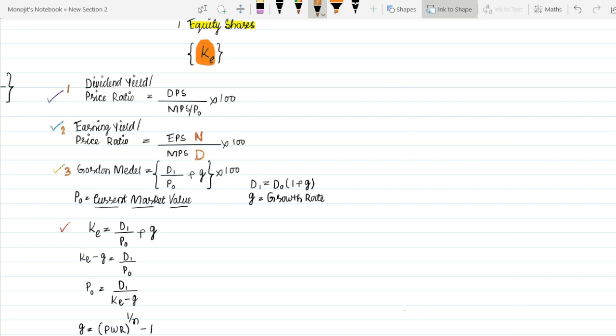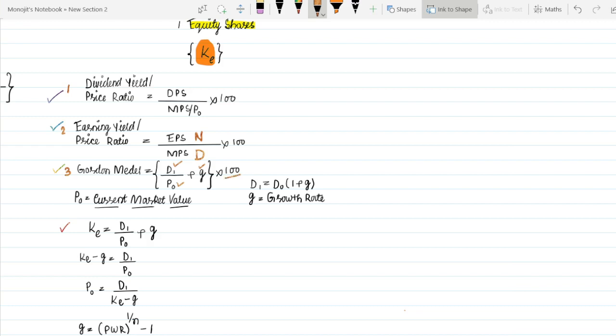And the third formula is the Gordon model. In the Gordon model, the formula will be D1 divided by P0 plus g, into 100.